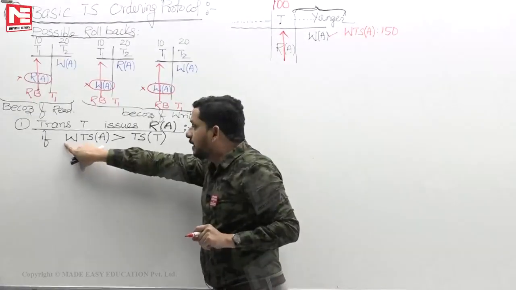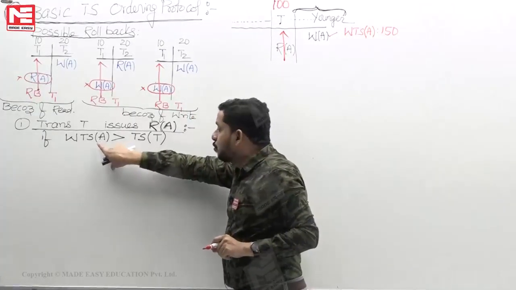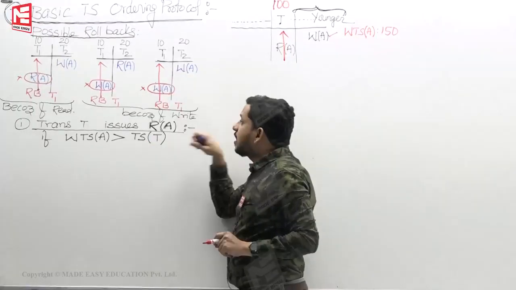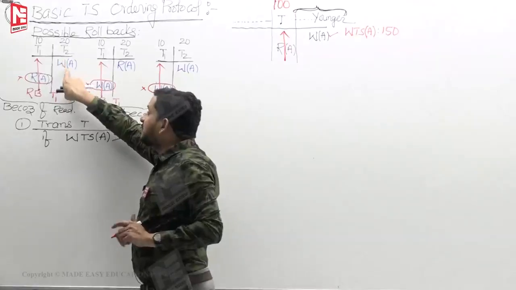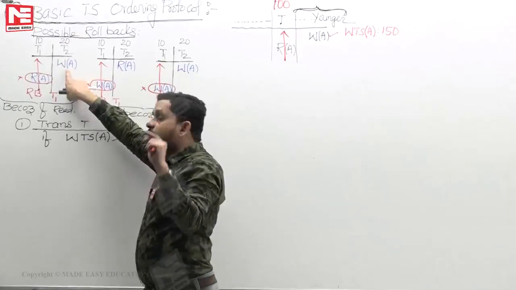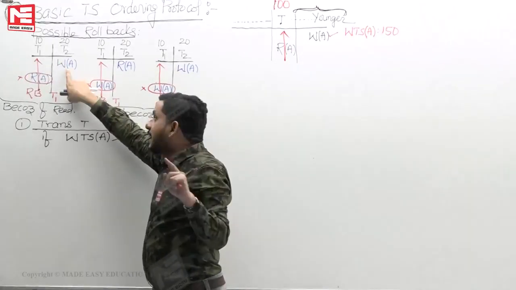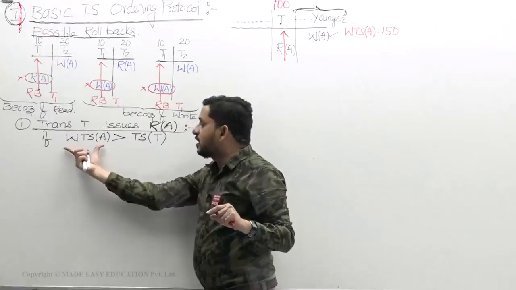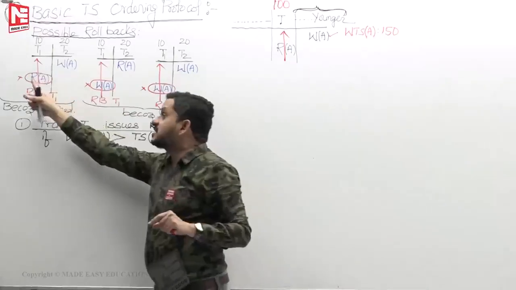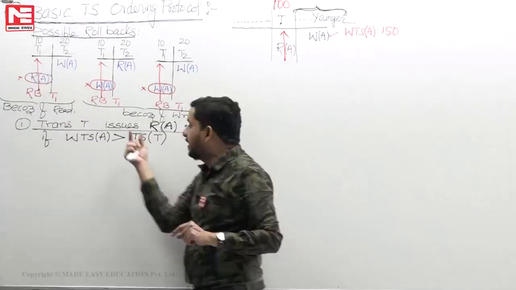If the write timestamp value of the data is more than the transaction timestamp value of T, you can see it here also. After this write, the timestamp value of A is 20. Then T1 is requesting a read. The write timestamp value of A is 20, and the timestamp value of the transaction requesting the read is 10.